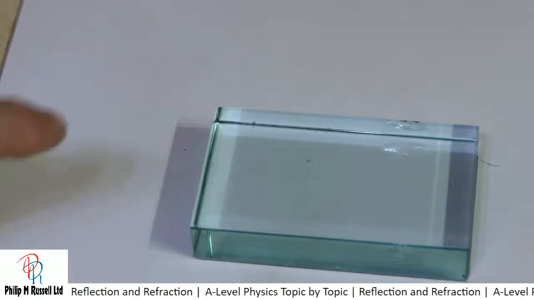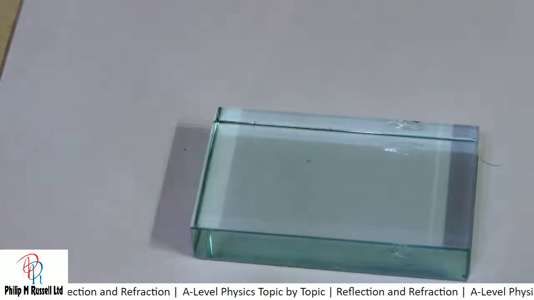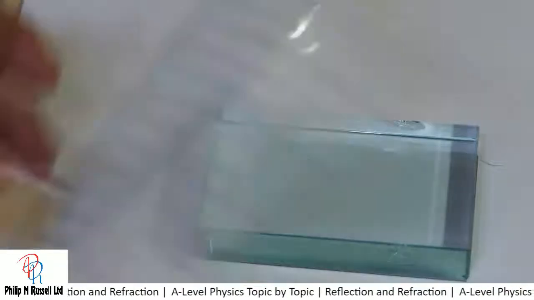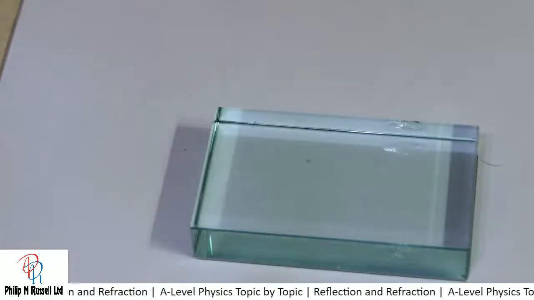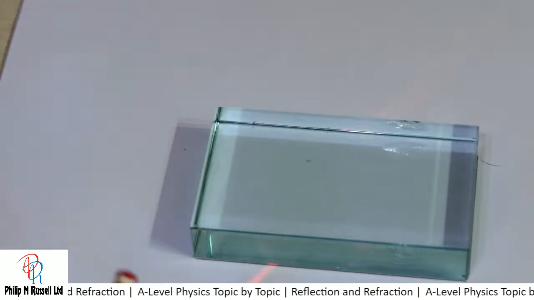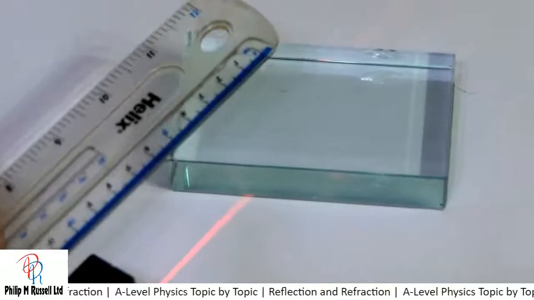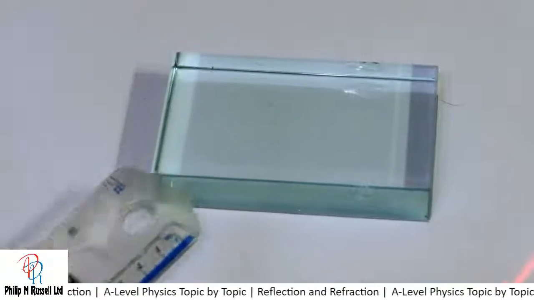Right, so let's take in our light, and what we're going to do is put the light in at an angle, and I've got my LED working. We're going to try and see what happens. So let's put it at something like about that angle. It'll do.